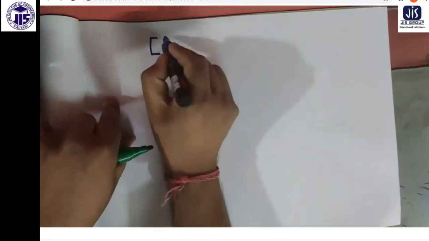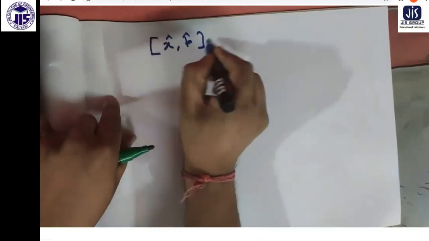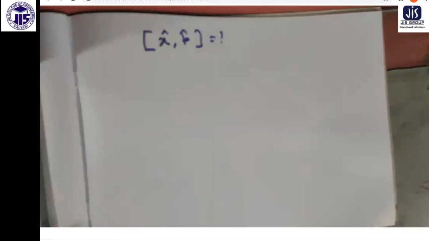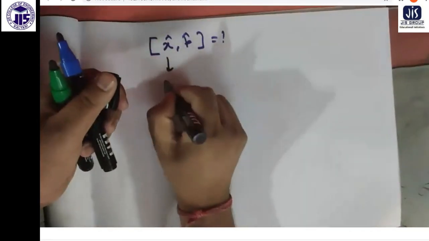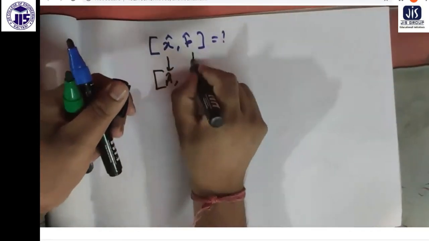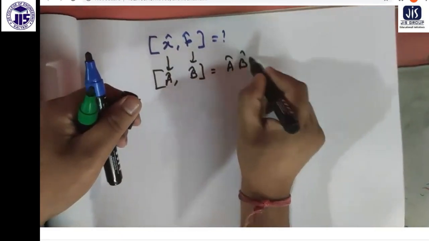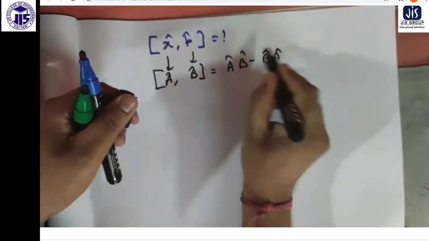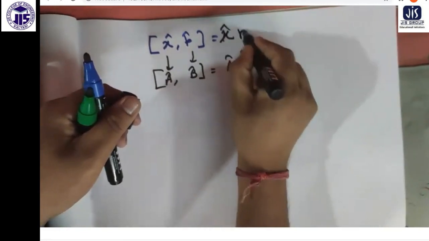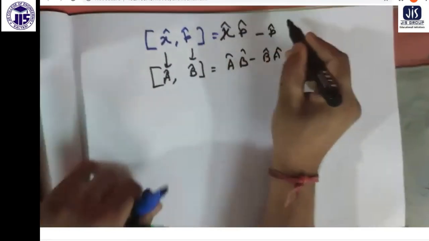So the commutator bracket of X and P, I wish to know the value. X is like A cap and P is like B cap. So it is like AB minus BA. If I write it down, it will be X cap P cap minus P cap X cap.